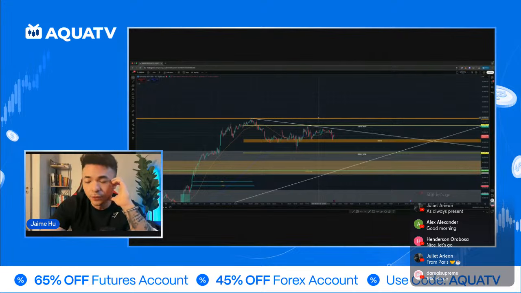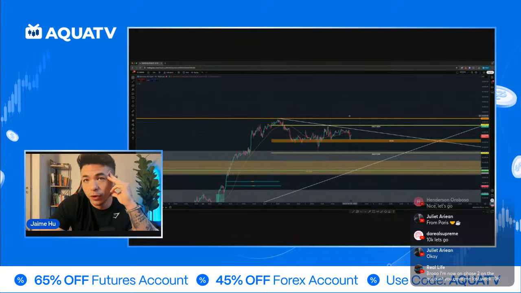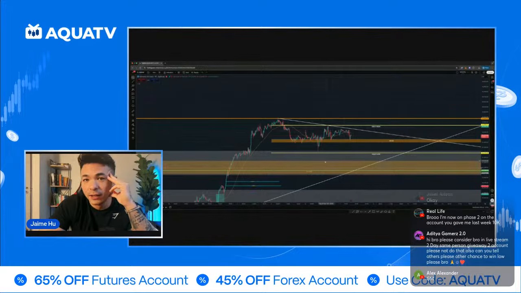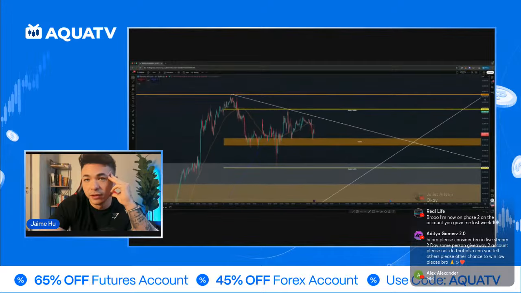It's quite important to be aware of the previous week's high and the previous week's performance, so we label the high and the low. I've done the exact same with the daily high and daily low. 1.618 is the Fibonacci level, and this gray rectangle is essentially my support resistance zone.